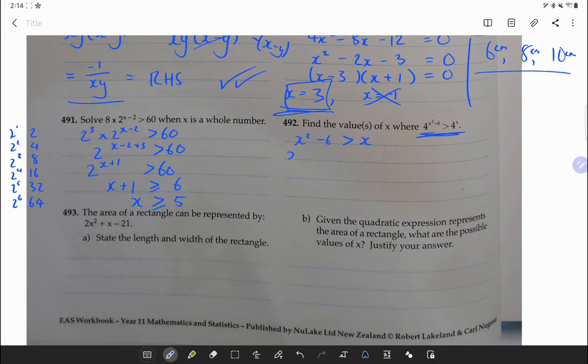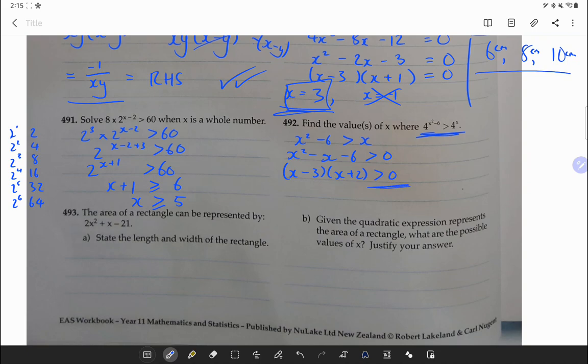Cool. Looks like a quadratic. Now be careful that we're aware that this is an inequality. So we do not put an equal sign there. We're very careful about that. Cool. Two numbers that add to -1, but multiply to -6, which is that.